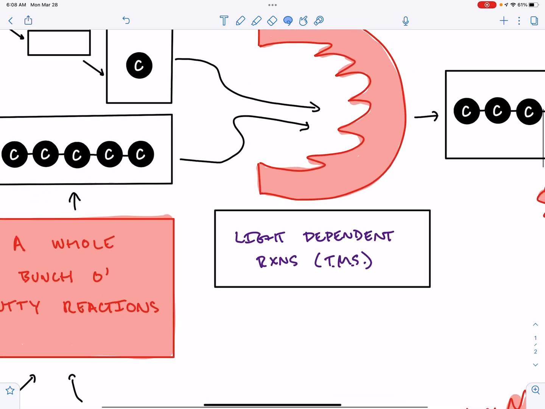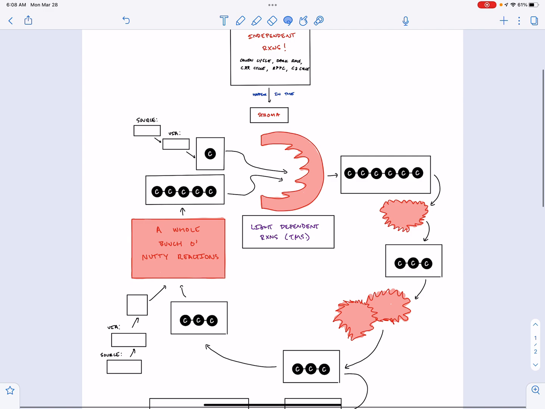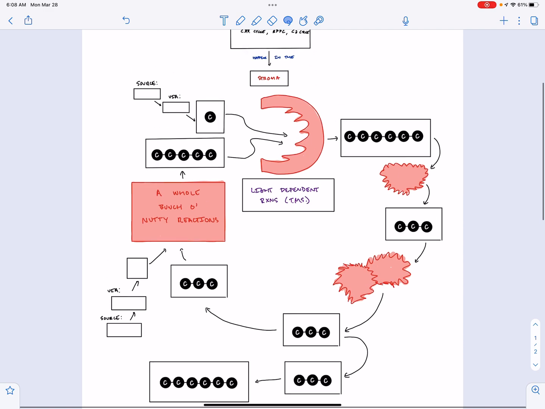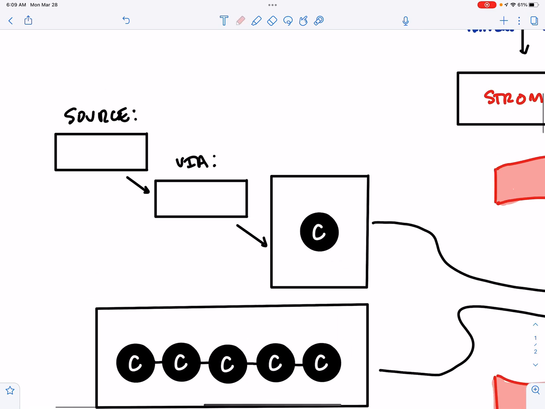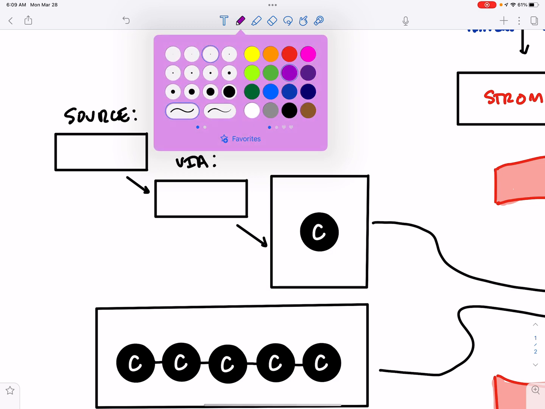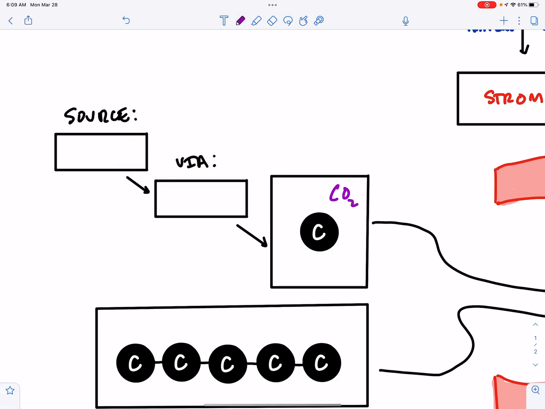Okay, it's a cycle, so we could start anywhere, but we're going to start in this upper left-hand corner with a very special molecule, CO2. You should write to the side because there's going to be something that goes in the space here, but I'm not going to write it in until later, so leave a little space off to the side.